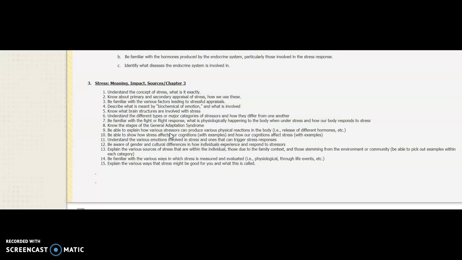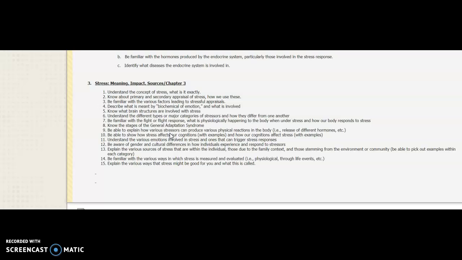Which are also chemical messengers. They may get sent out to a bodily organ like your heart. They might get sent to your muscles, which may tense up during times of stress. So everything is interconnected and talking with one another. And that's what you're gaining an understanding of, is just how complex the stress response is.